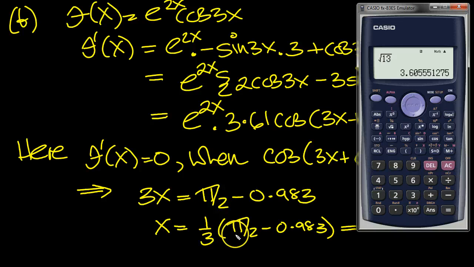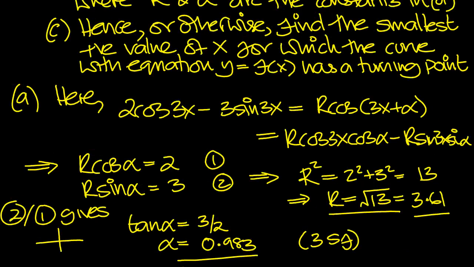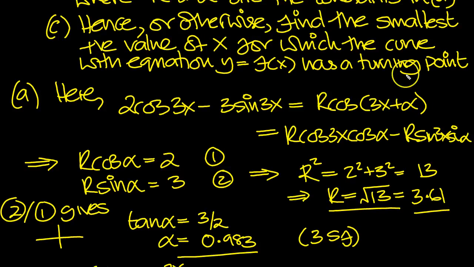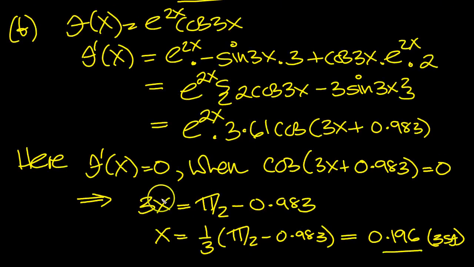Pi over 2 minus 0.983 equals that, and then divide that by 3 equals 0.196, to three significant figures. And that's what the question asks for: the smallest positive value of x for which the curve has a turning point. So yes, this is the smallest positive value when f dash x equals 0.